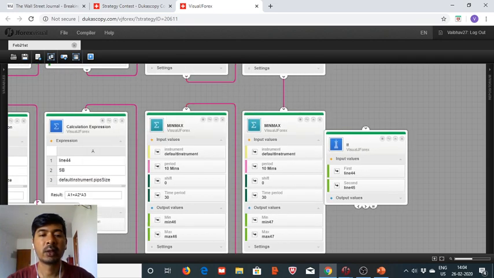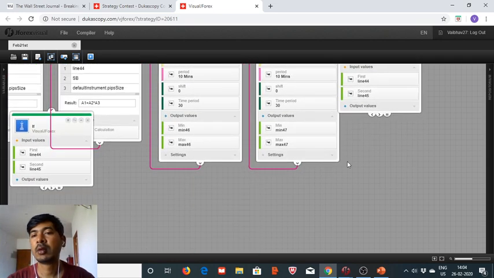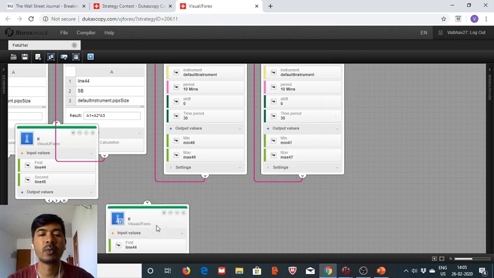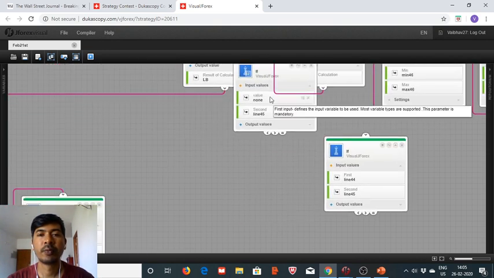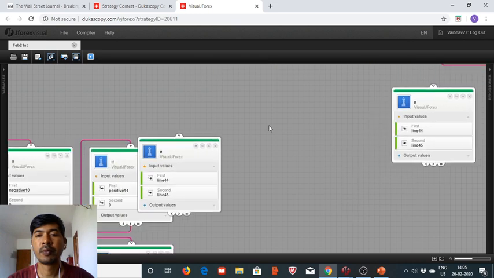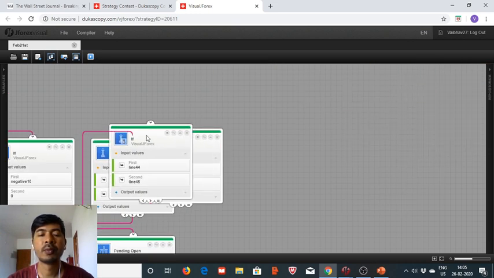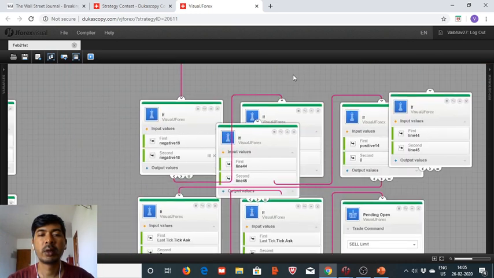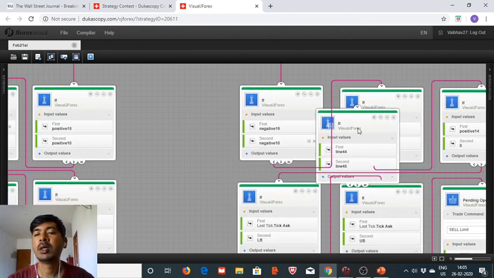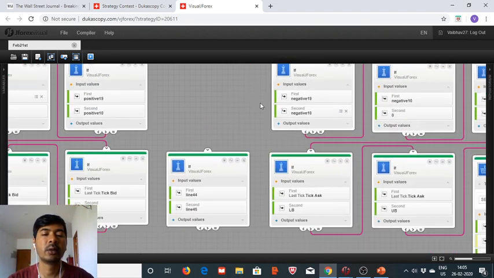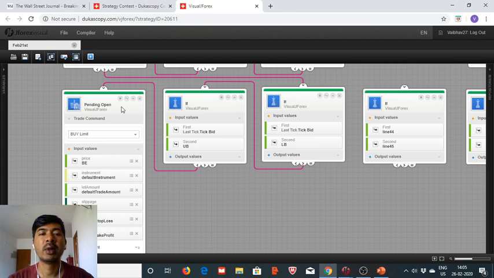We add these conditions, one on either side, one buy, one sell.